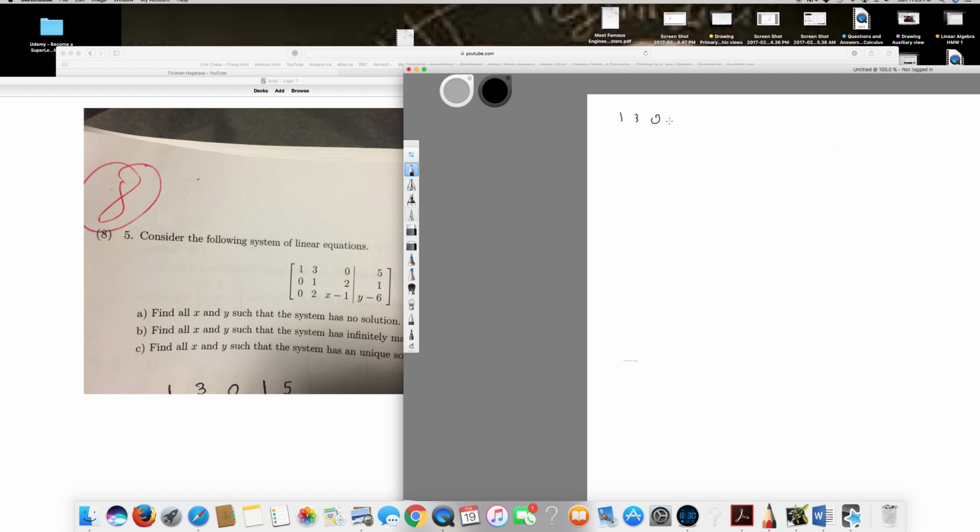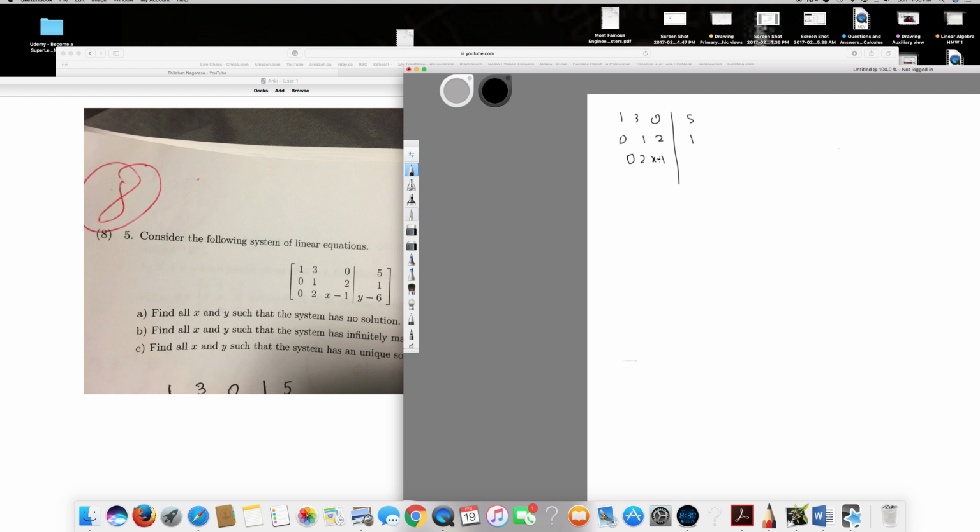I'm copying the same question again, so I can do the things. 1 3 0 5, and 0 1 2 1, and 0 2 x minus 1, and this is y minus 6. So what I am going to do is make this one equal to 0.